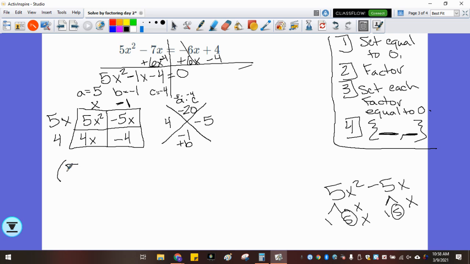So the outside is 5x plus 4 and x minus 1. And we can't skip this box this time because 4 and 5 isn't what the answer is.